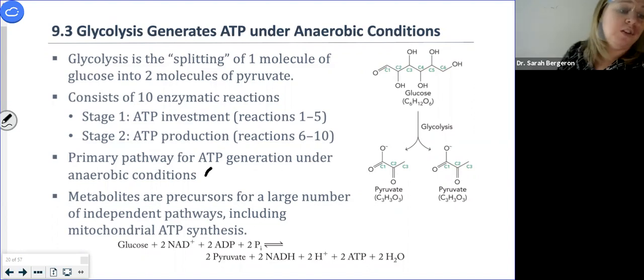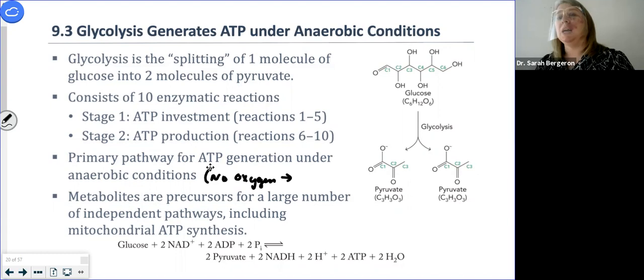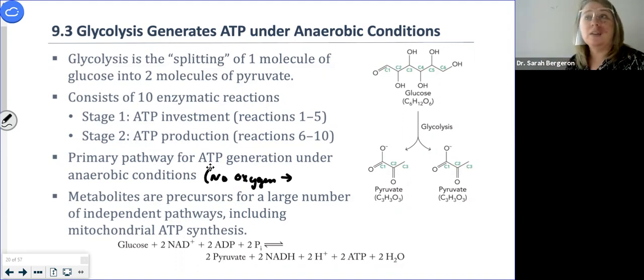So this is no oxygen. Where's a place where we don't have oxygen present? There's a cell in the body that requires tons of ATP, but does not have oxygen. Your muscles can work under no oxygen conditions, but not always.